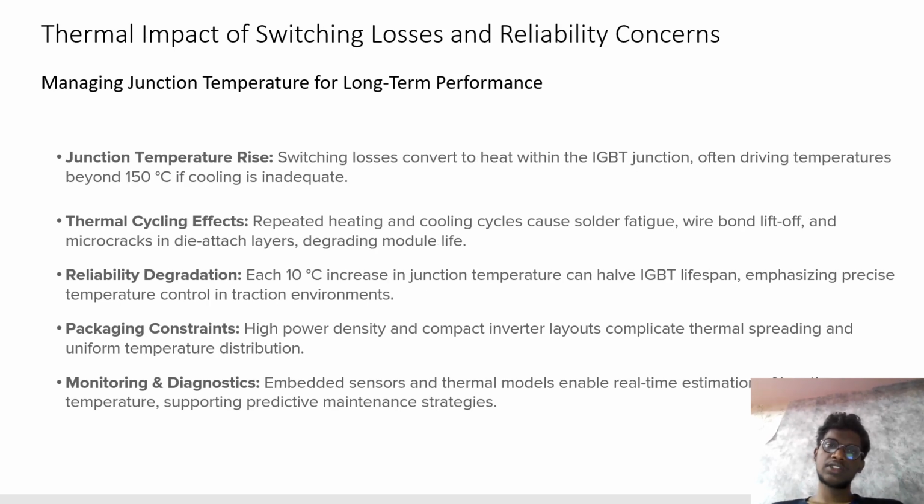Thermal impact of switching losses and reliability: managing junction temperature for long-term performance. Junction temperature rise, thermal cycling effects, reliability degradation, packaging constraints, monitoring and diagnostics. These five are key to managing junction temperature for long-term performance.